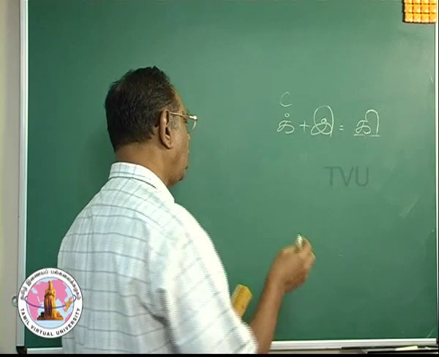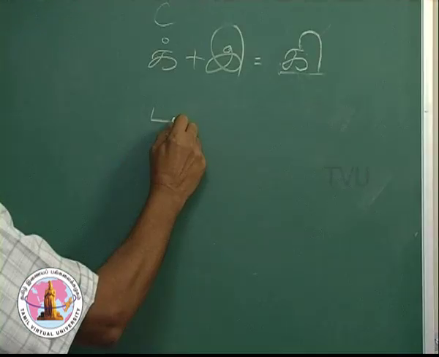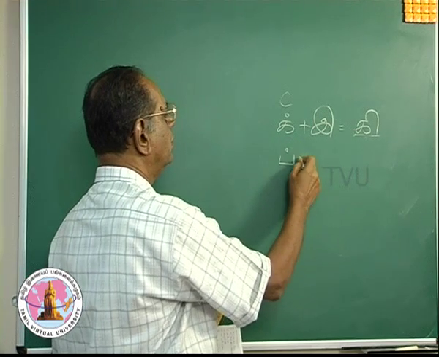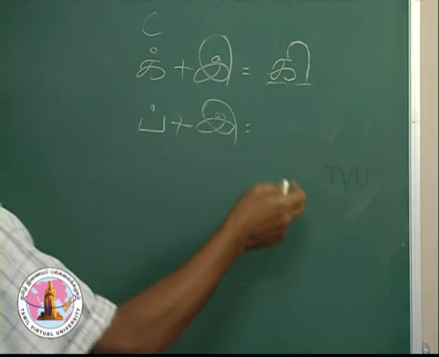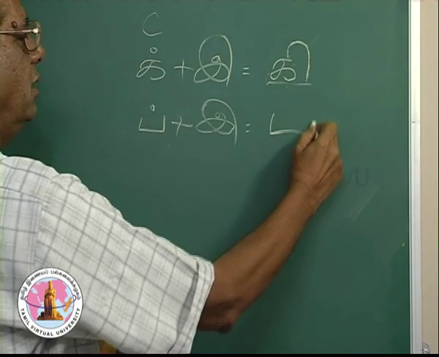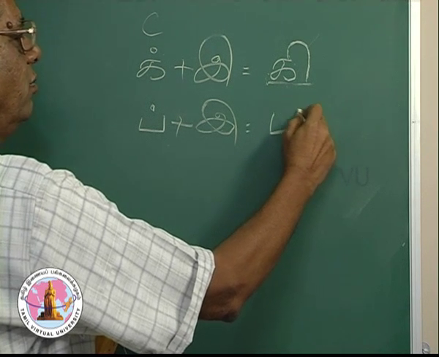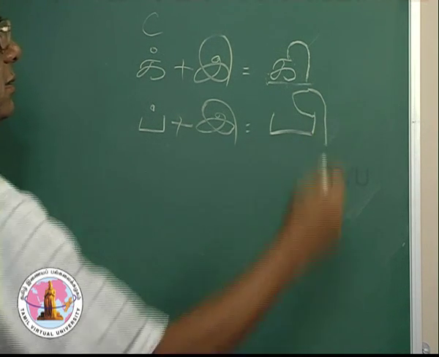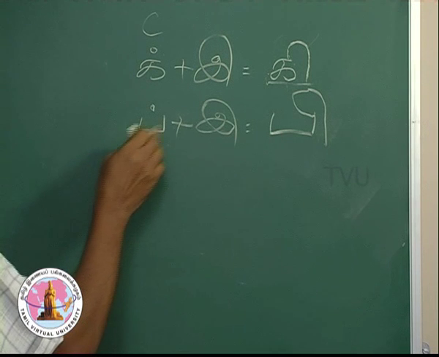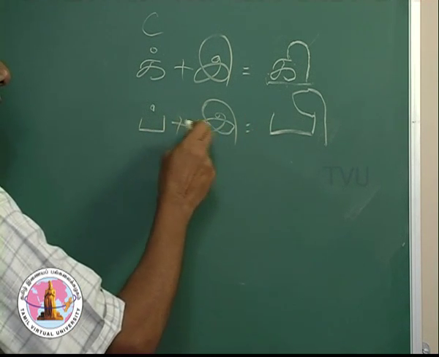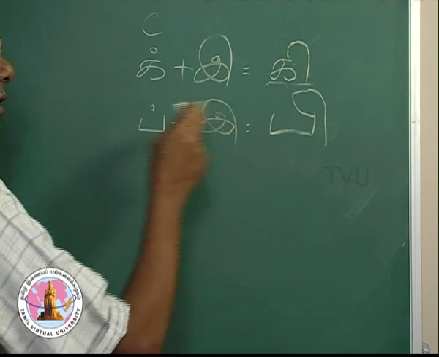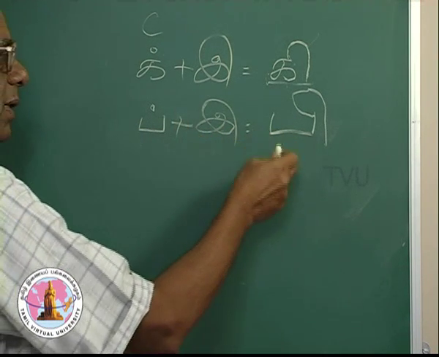After na you have pa, pa plus e. This becomes pi. See, I take the curve from the right end. Pa plus e, pi.